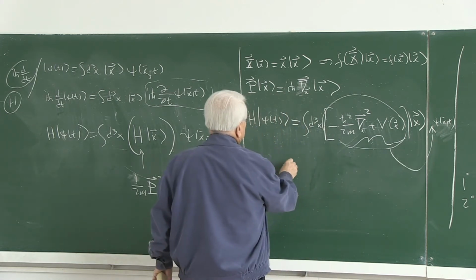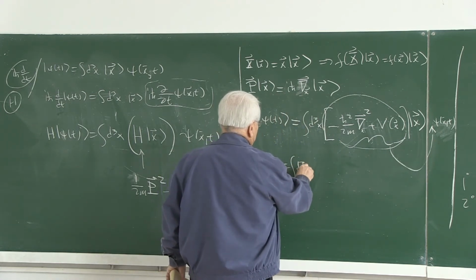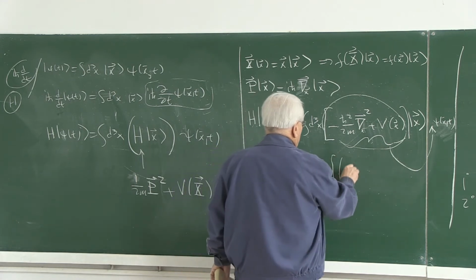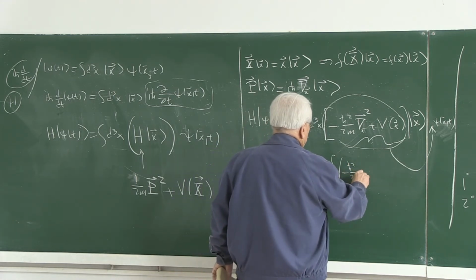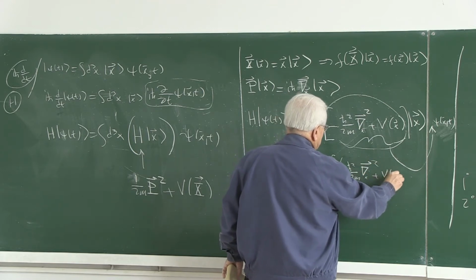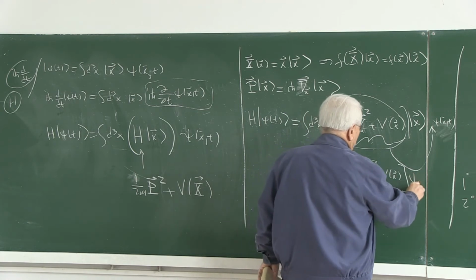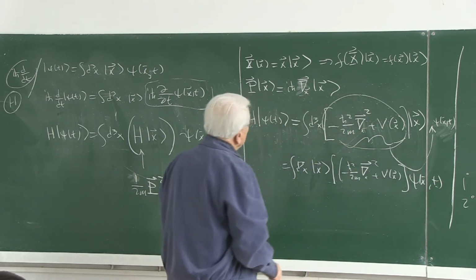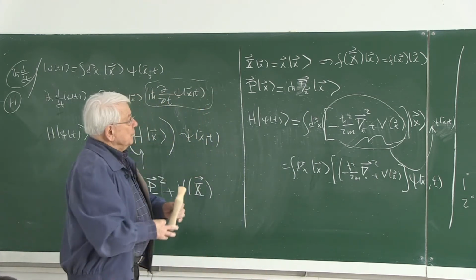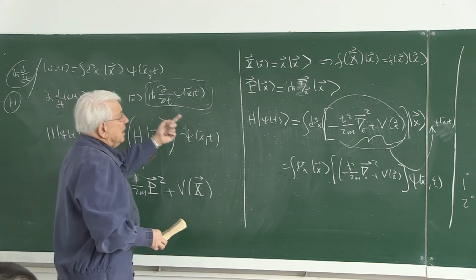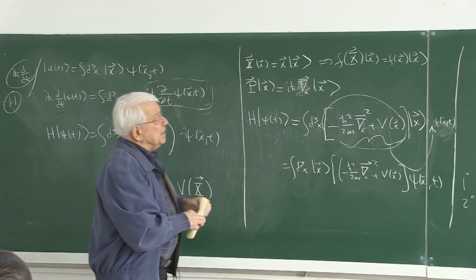And so what do you get? The integral d cube x of minus h bar squared over 2m del squared plus V of x, acting on psi of x, t. That's in the desired form. That's the right-hand side, and that is the left-hand side. And these x's are linearly independent.